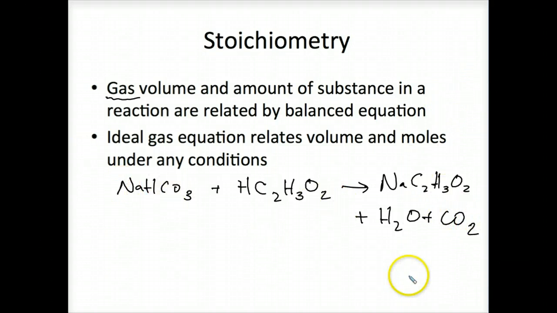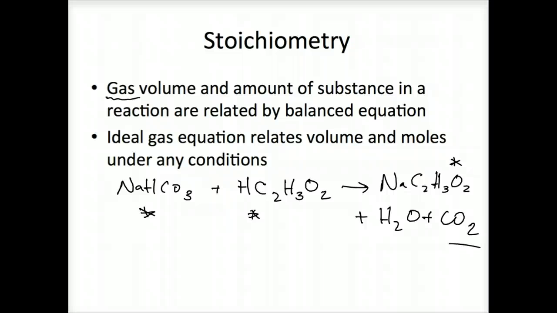I can look at this and determine the mass of the gas I produce. I can determine the moles of gas I produce if I know either one or both of my reactants. I can even do it if I know the amount of one of the products because it's stoichiometric. The big difference here now is you can look at a gas and treat a gas the way we would in terms of volume, in terms of pressure.